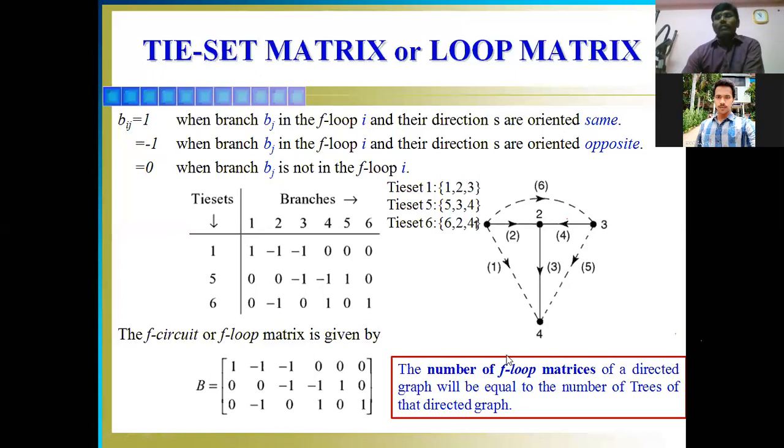So the number of fundamental loop matrices is equal to the number of trees; you can get as many loop matrices as trees you can form.